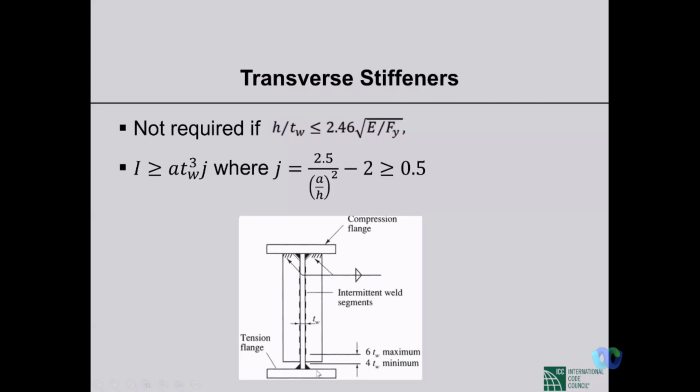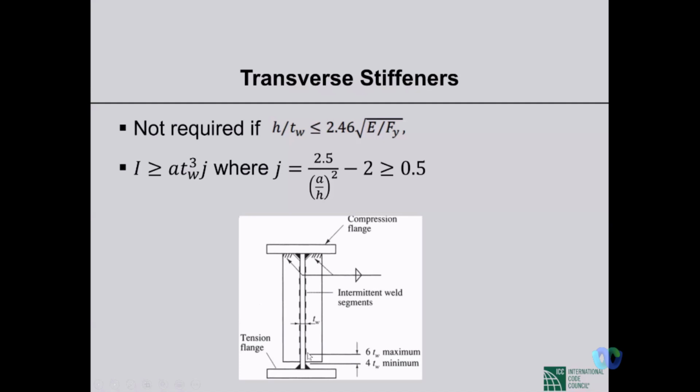And secondly, usually intermittent welding is used, and the welding is discontinued before reaching the bottom weld between the web and the flange, and the gap is usually 4 times the thickness of the web, or 6 times the thickness of the web, something in between.